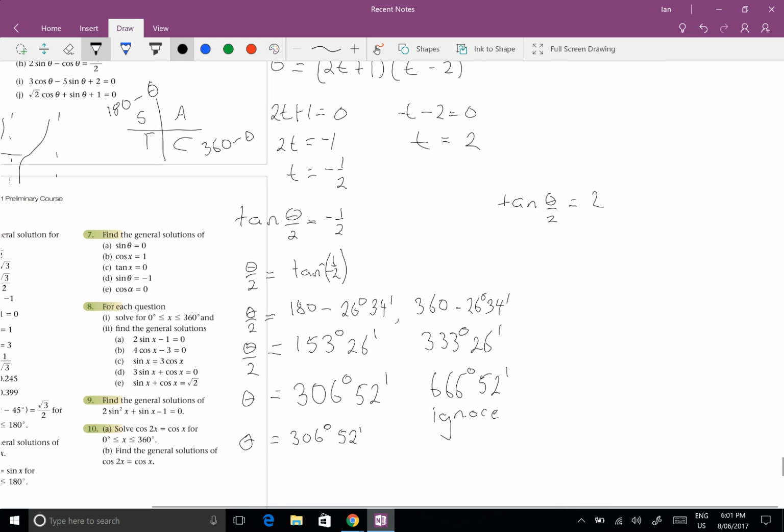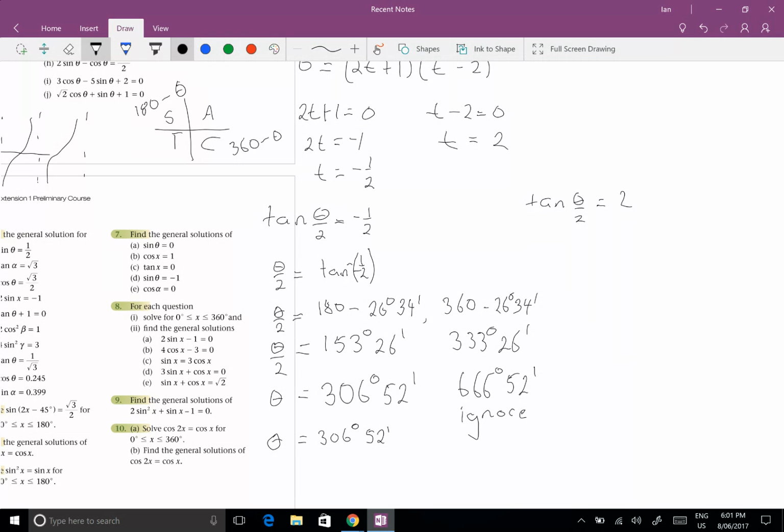Well, let's look at the second situation. Tan theta on 2 equals 2. Well, I again do the same thing. Theta on 2, I inverse tan 2. And theta on 2, now when I do that, so shift tan 2, and I get 63 degrees, 26 minutes.